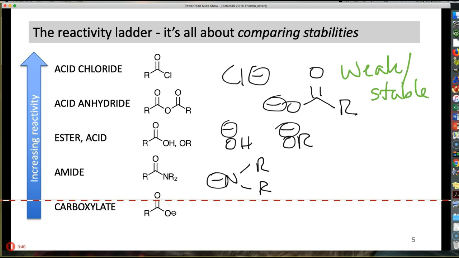So they're happy to get kicked out, and that means this is going to be the most reactive carboxylic acid derivative. In fact, acid chlorides and acid anhydrides are both very reactive.